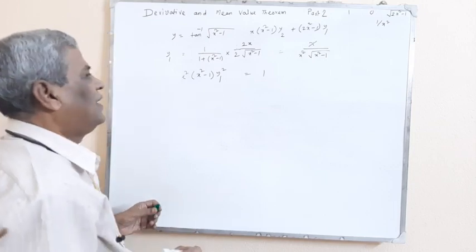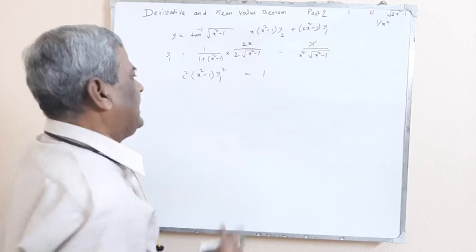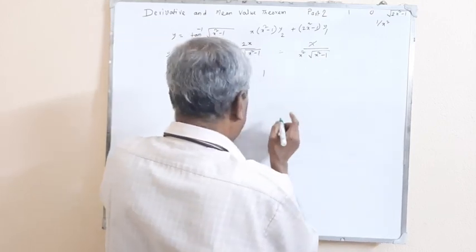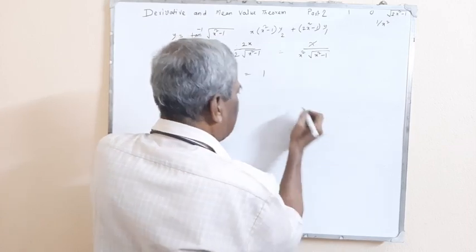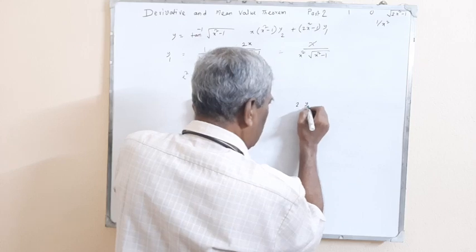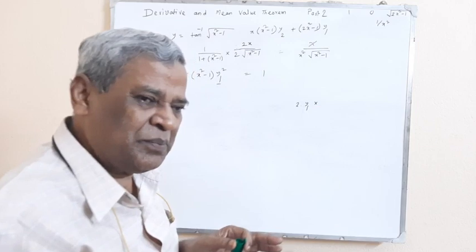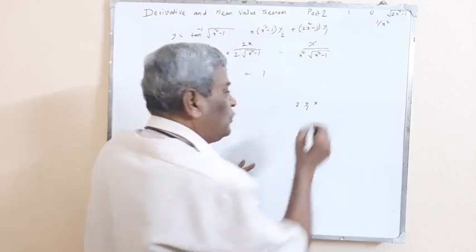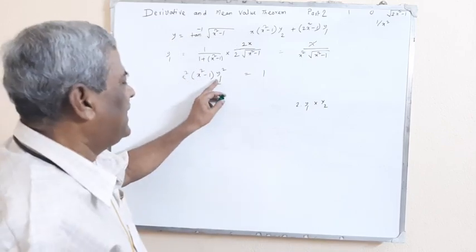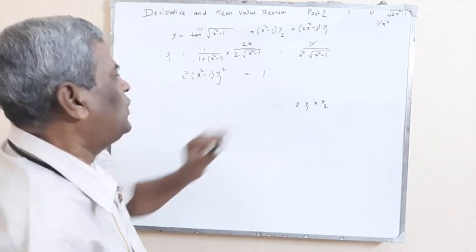So now differentiate both sides with respect to x. First I differentiate that. What would be that? y1 square, its derivative is 2 into y1 into derivative of y1. Derivative of y1, that is dy by dx, with respect to x is y2. So the derivative of y1 square with respect to x is 2y1 y2.